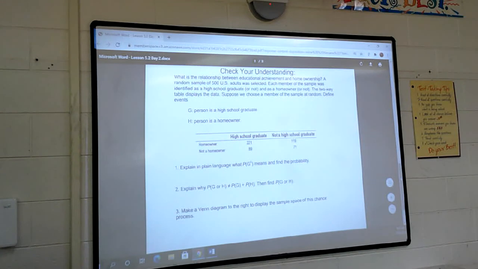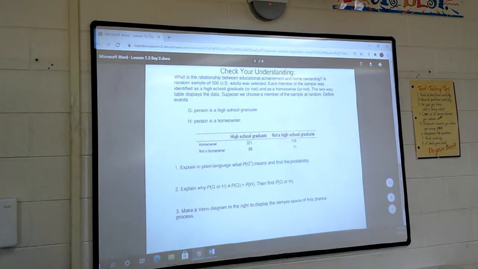Suppose we choose a member of the sample at random. We want to define these events. There's two events here. The first event is G, that is the person is a high school graduate, and then H we define as the person is a homeowner. So explain in plain language what the probability of G complement means and find the probability.